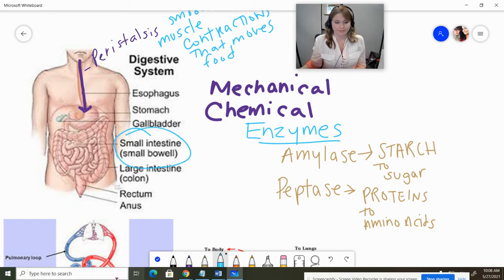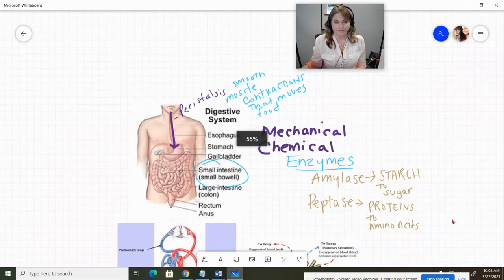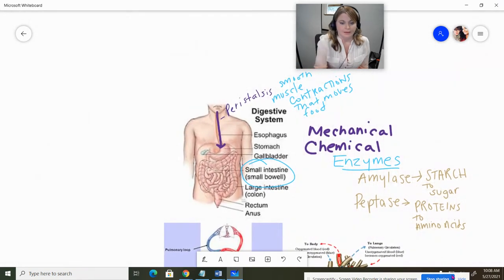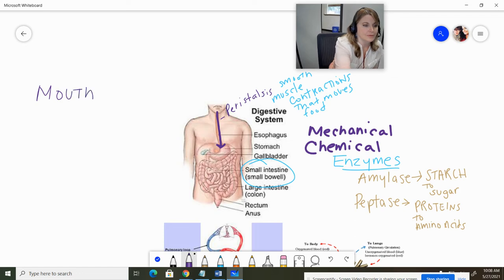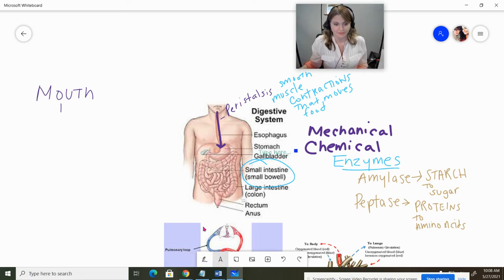Okay, so let's write this over on the side here. We have mouth to esophagus, a long word. I'm going to type these to make this easier for all of us to read.